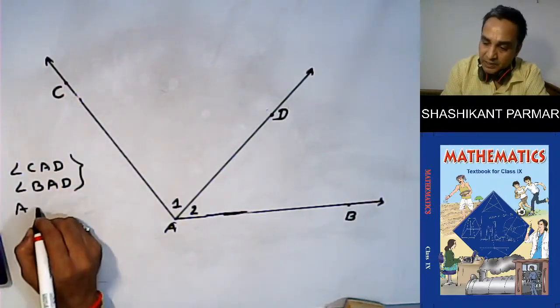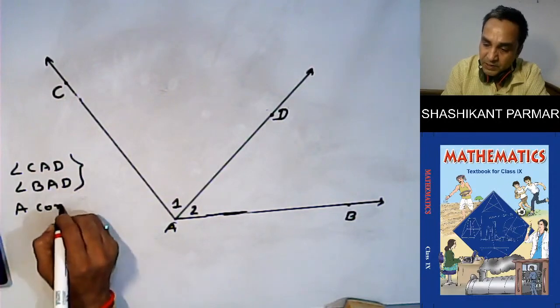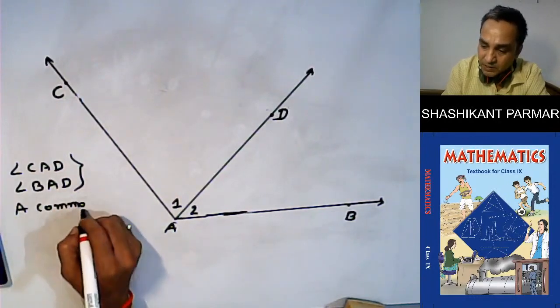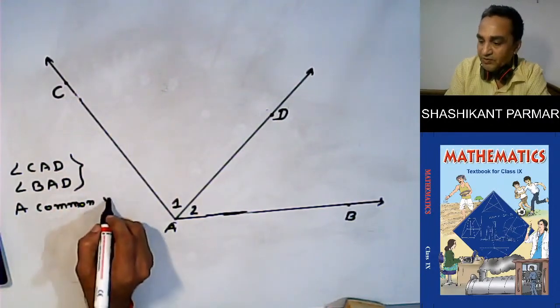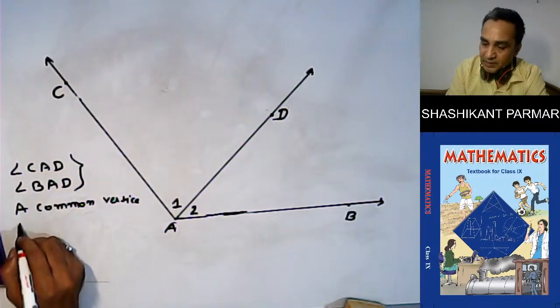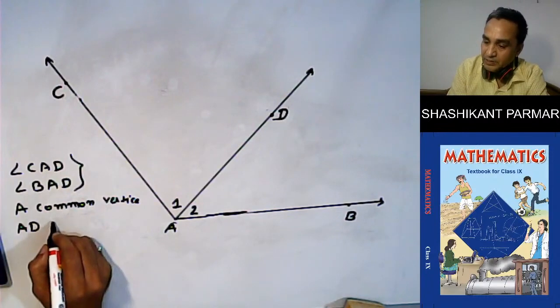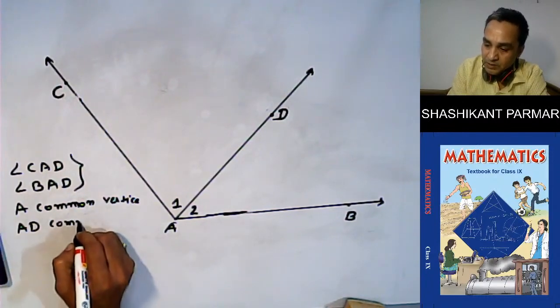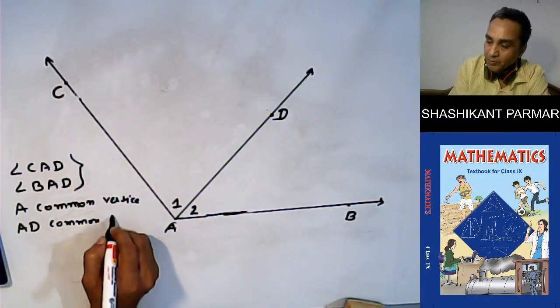A is called the common vertex and AD is called the common arm.